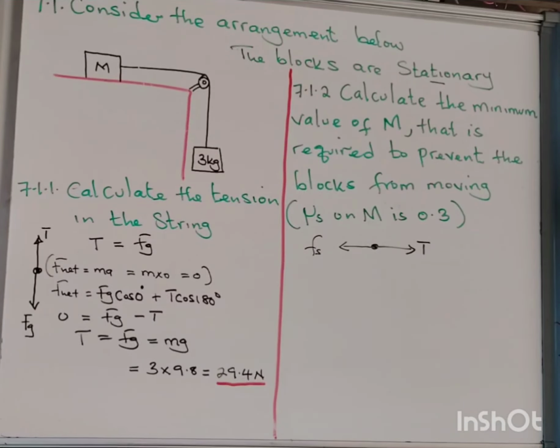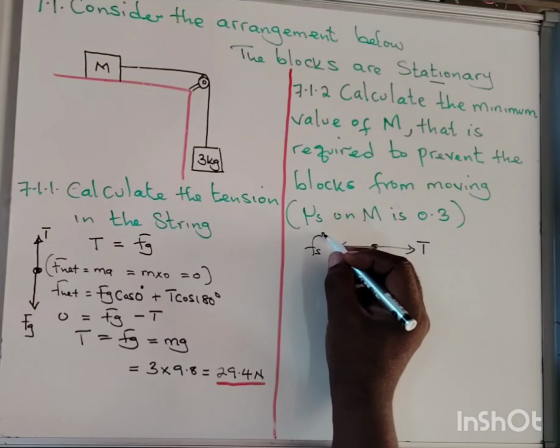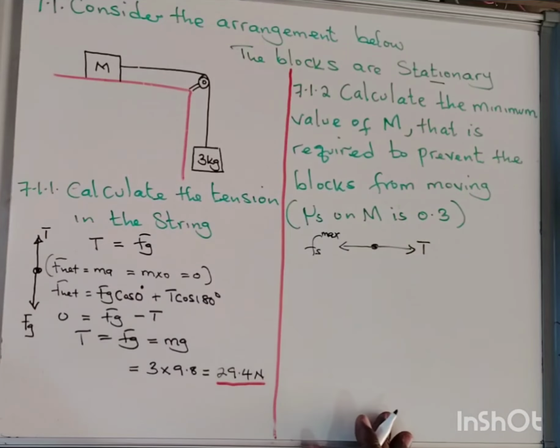But there is one concept of friction force which you need to know: friction force before the body starts to move is equal to the applied force. The minimum force required to make the body move is equal to the maximum static friction force.